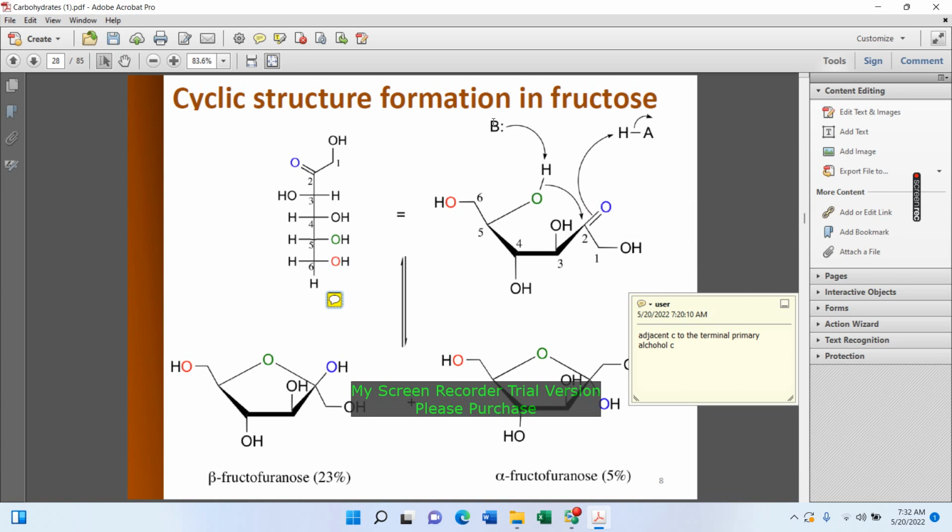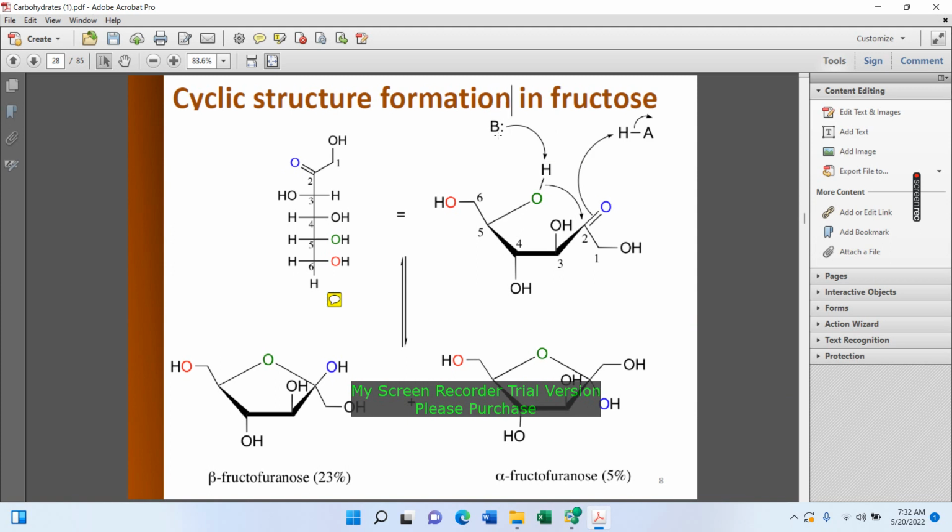Actually, this is a B molecule, so this is like some sort of an electrolyte, an element with more electron density will attach on this hydrogen, and within that, the bond of electrons in this hydroxyl group will attack on this carbon, right?